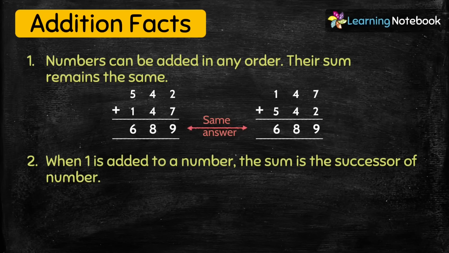Second addition fact is, when 1 is added to a number, the sum is the successor of the number. Let's take an example. Let's add 1 to 64. We get the sum as 65, which is the successor of 64.